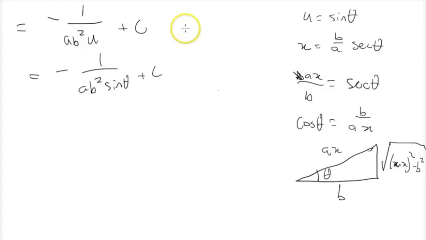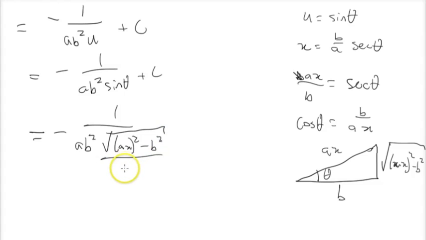So, since sine is opposite over hypotenuse, we can make that substitution relatively easily. So that opposite is going to be root ax squared minus b squared over ax plus c. And we can simplify this.